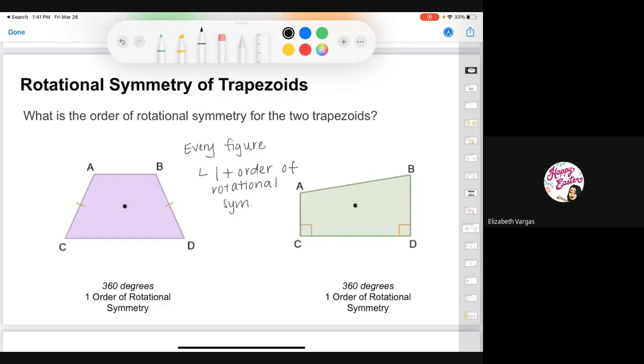The reason is because we can basically turn any figure, whatever figure it is, around 360 degrees and get it to map back to where it originally was. And so that's the unique thing about rotational symmetry: every figure, no matter what it is, even these trapezoids, has to have at least 1 order of rotational symmetry because you can basically rotate anything 360 degrees, okay? Any questions about this?